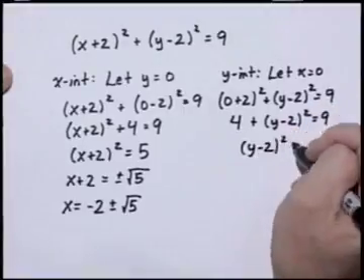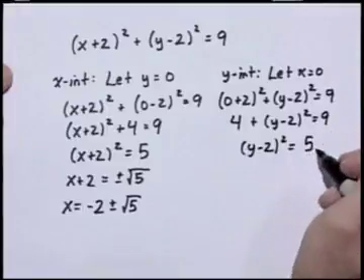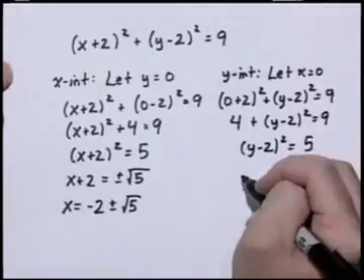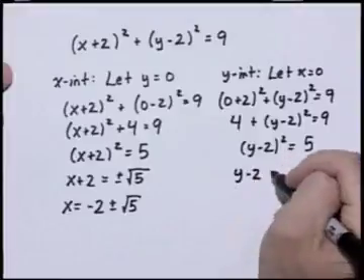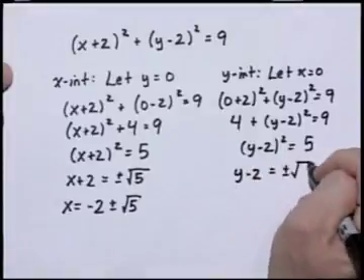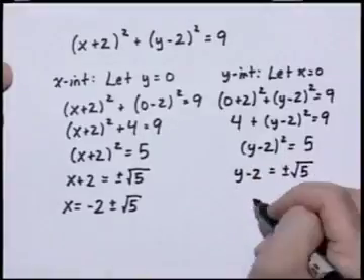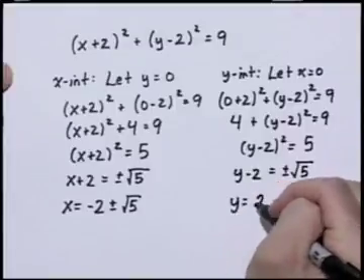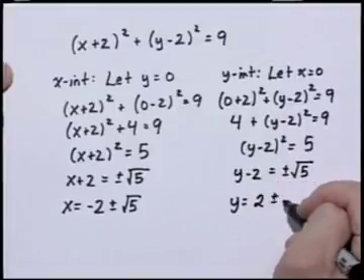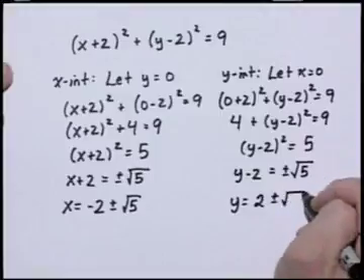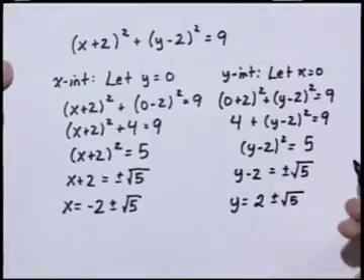Y minus 2 quantity squared equals 5 after subtracting 4 from both sides of the equation. So y minus 2 equals plus or minus the square root of 5. Add 2 to both sides of the equation. You get that y equals 2 plus or minus the square root of 5.